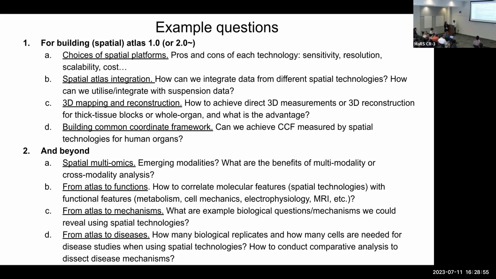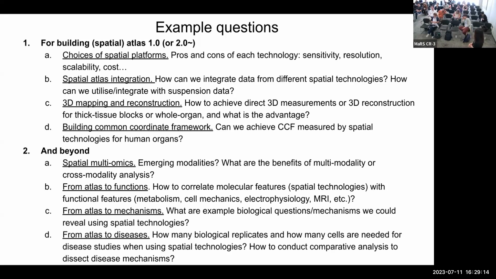We can start with the very first question, which is the choice of a spatial platform, which may be a harder choice than single cell omics, because with the spatial, there are different experimental setups. There are also different emphasis on resolution or throughput.